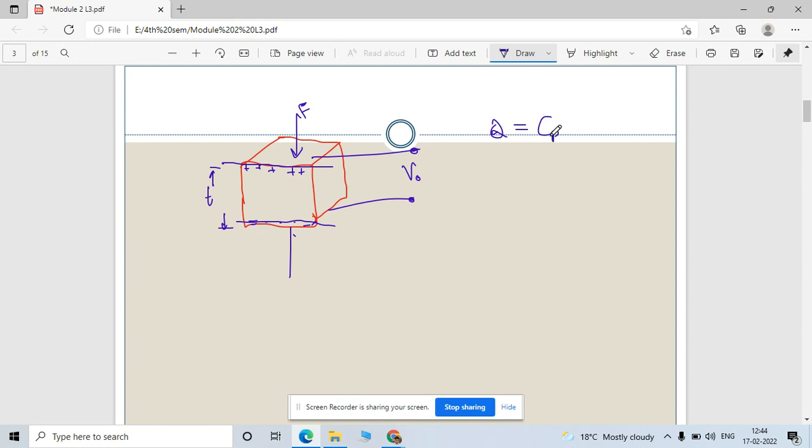Here C is the capacitance Cp of this piezoelectric crystal material, which is a parallel plate capacitor, and V is the output voltage. This is your output and this is your input. Charge is a function of force; charge is directly proportional to the force here.